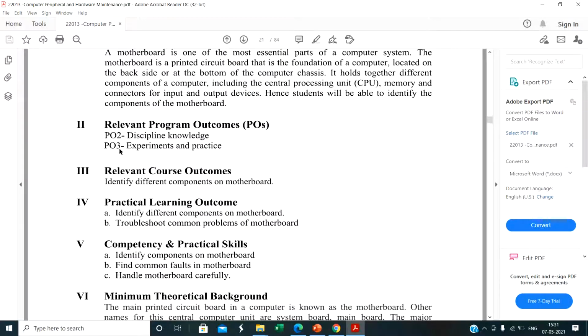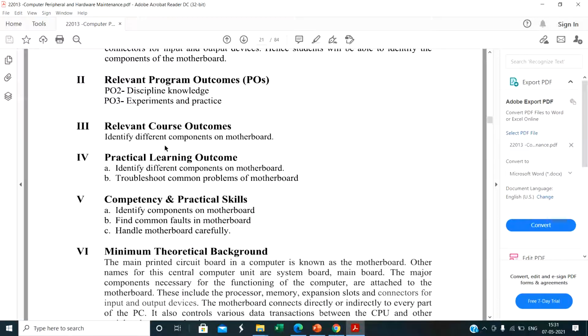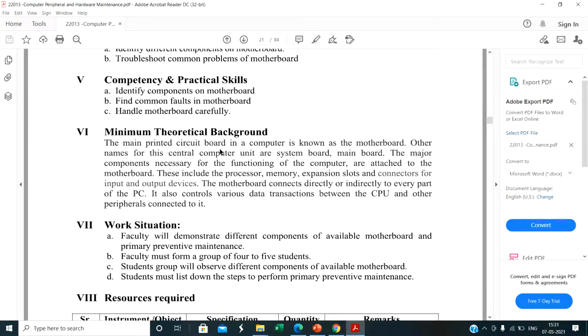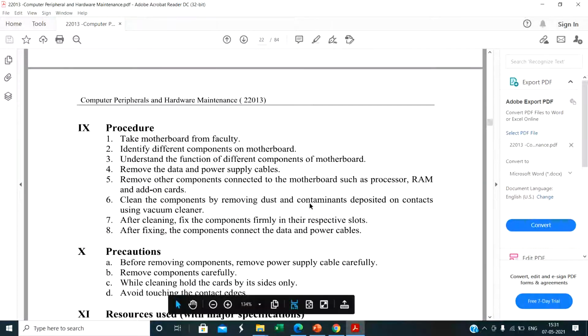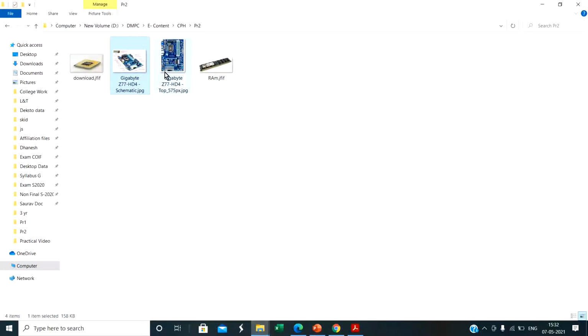Then the program outcome of this practical is discipline knowledge and experiment and practice. The course outcome of this practical is to identify different components on the motherboard. So let's see. First we see the various images of the motherboard.